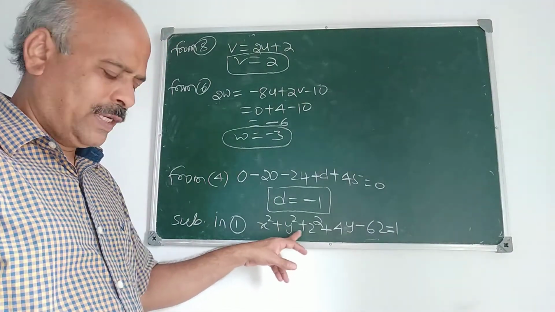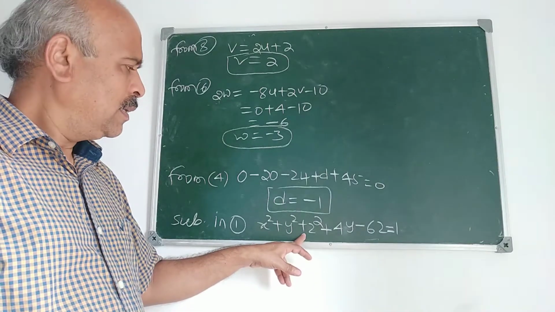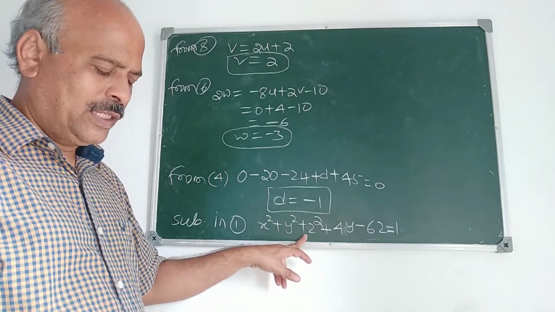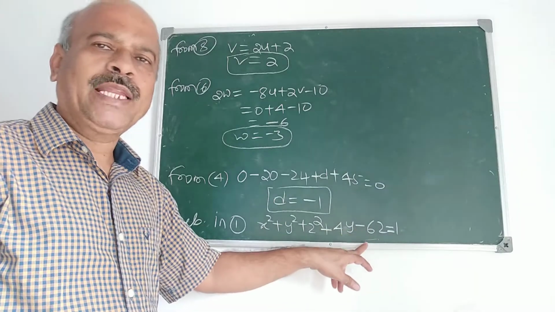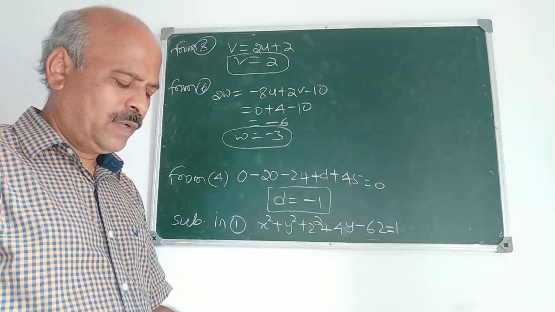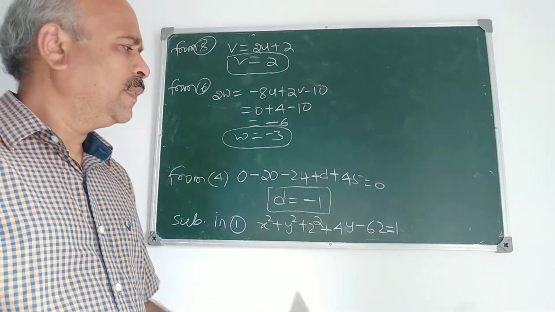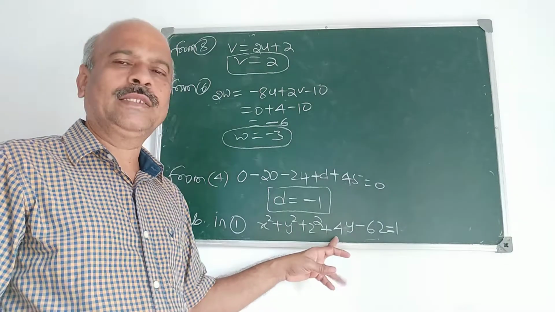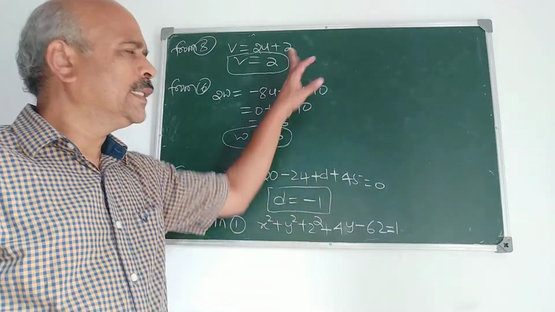X square plus y square plus z square plus 4y minus 6z plus 1 is equal to 0. This is the answer. I think you followed this one.